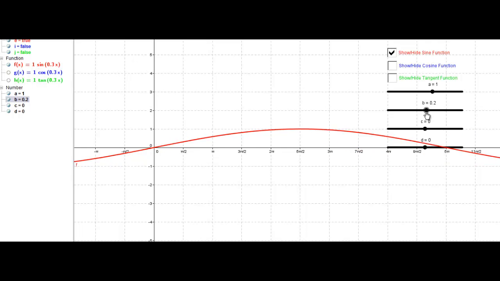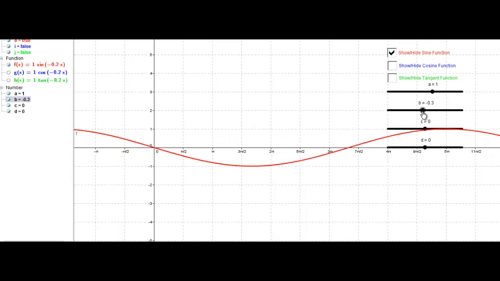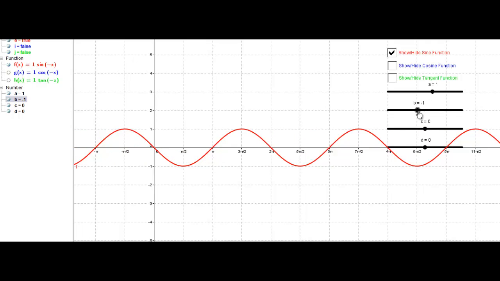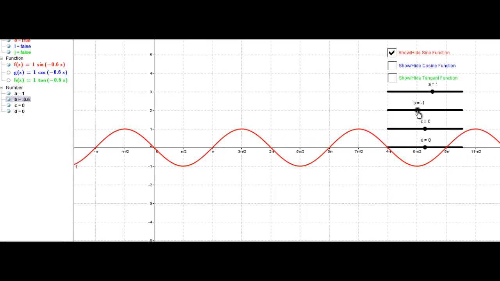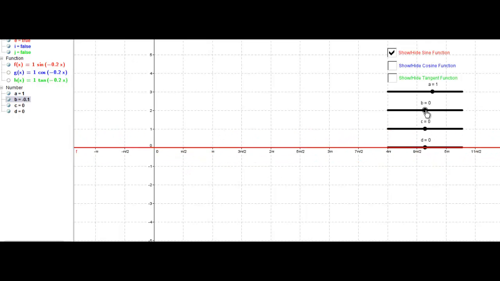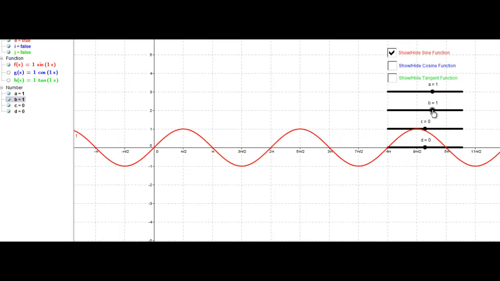And what happens when it's negative? When it's negative, it's hard to see here because of the form of the graph. But what's really occurring is that I'm having a reflection across the y-axis. Maybe if I use the tangent, you'll see it better.